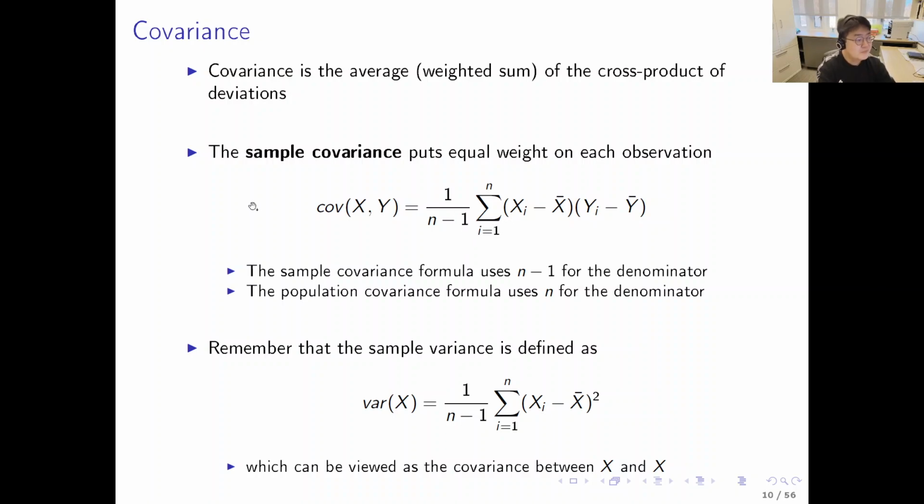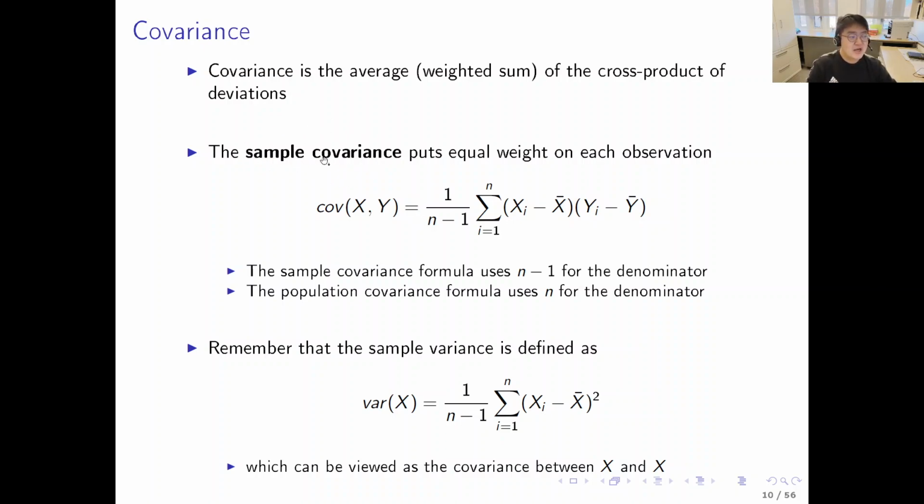But remember, when we learned the variance in chapter 4, we learned that there are two formulas, sample variance and population variance. And the reason why I recommended the sample variance is because the sample variance is unbiased, but the population variance formula is biased. We learned that in chapter 8, chapter 9 or 8, I'm not certain. Anyhow, here we have the same problem.